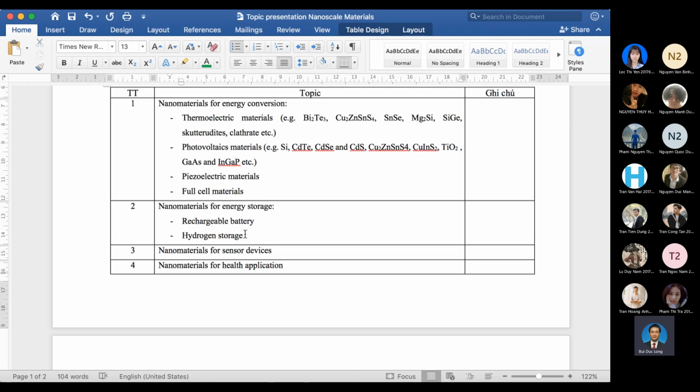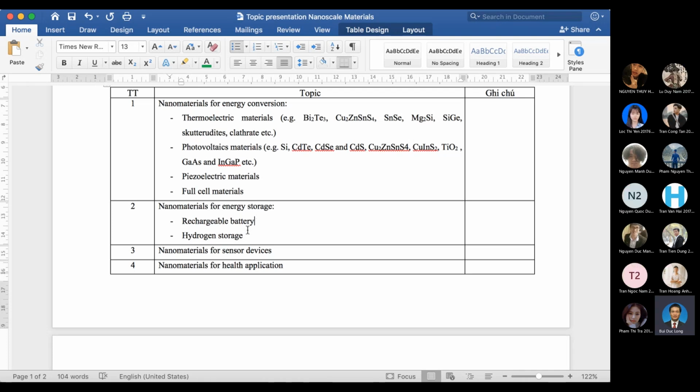And we also have hydrogen storage, because hydrogen can be used for a fuel cell in a car or a train, to make electricity. So how can we store hydrogen? For example, hydrogen is stored in a steel tank, where you apply pressure so you can store more hydrogen.